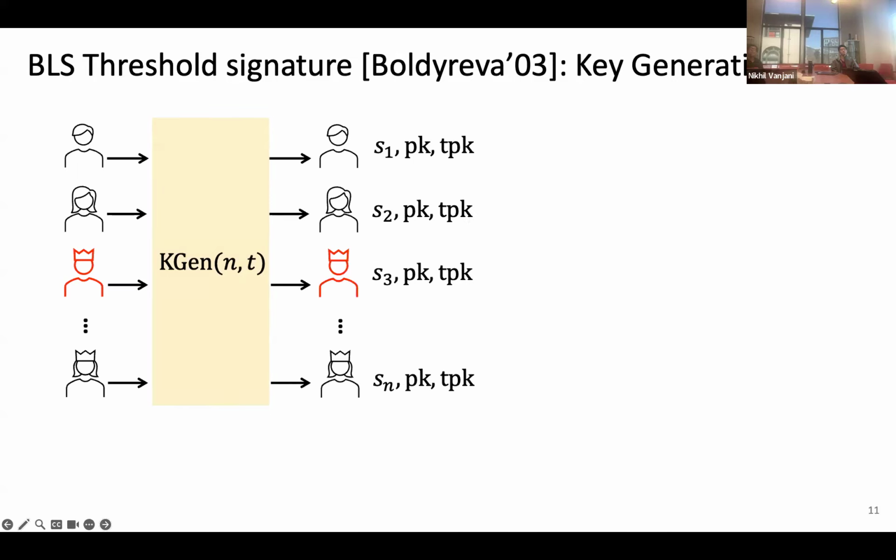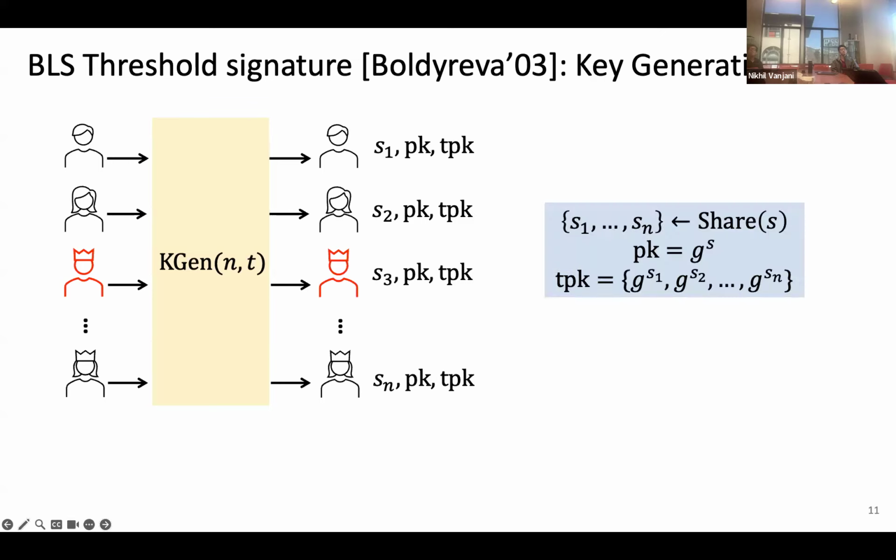So every party will get a signing key and will get the same common information. And the signing keys are Shamir shares of a random secret that nobody knows. Okay, and the public key is defined as follows. These threshold public keys are G raised to the individual secrets.